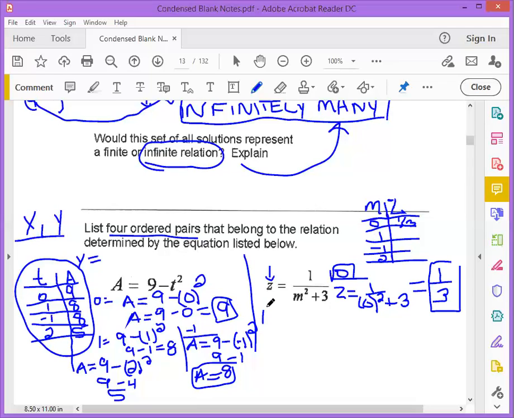When we plug in 1 for m, we'll get 1 divided by 1 to the second power plus 3. 1 to the second power is just 1, plus 3 in the denominator. That gives us 1 over 1 plus 3 in the denominator, which gives us 4. So when m is 1, z is 1/4.